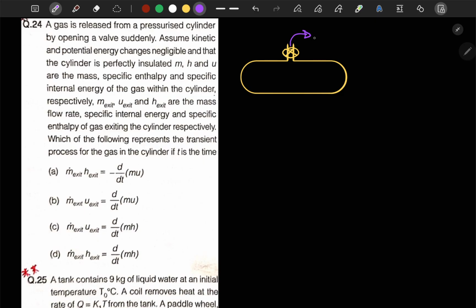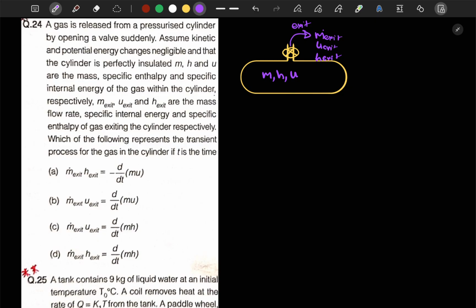The discharge is exiting from here, and in the interior it is m and u, and then at exit it is m exit, u exit, and h exit. Which of the following represents the transient process of a gas?